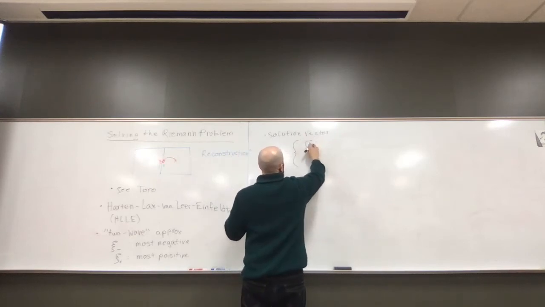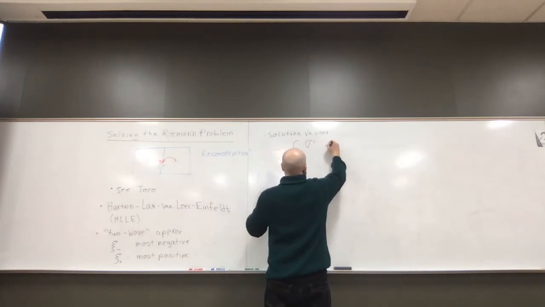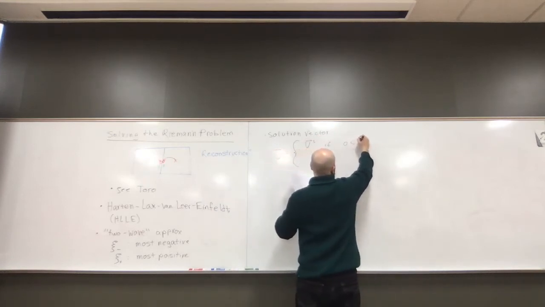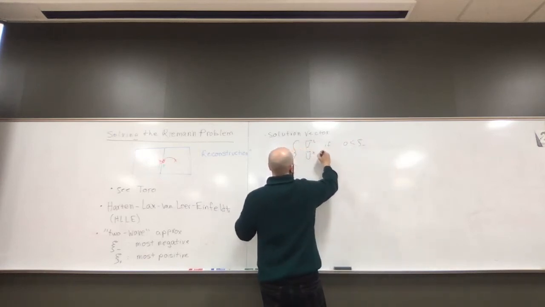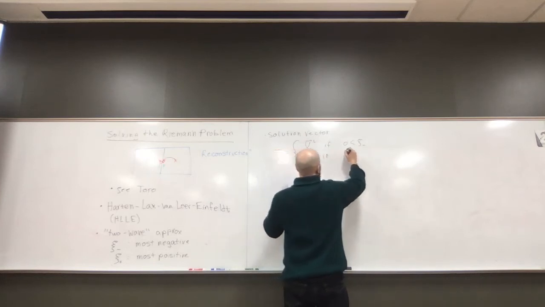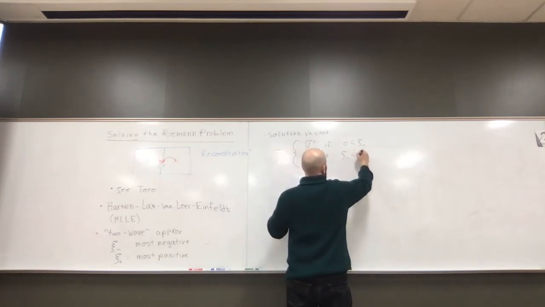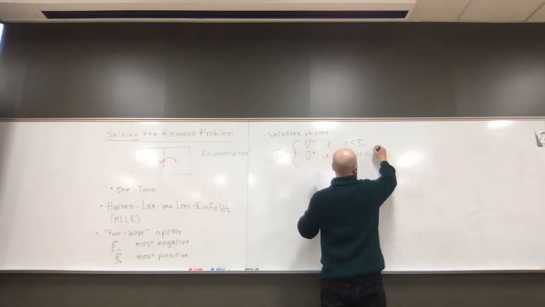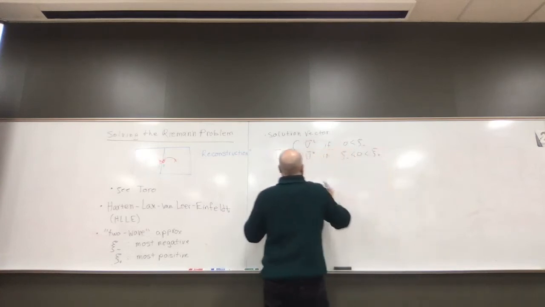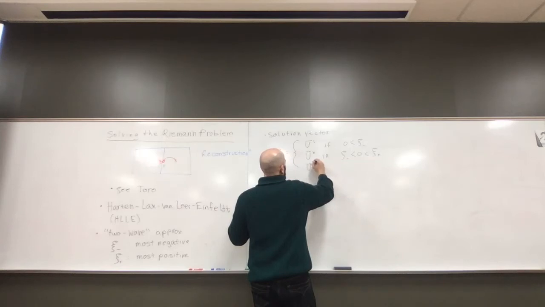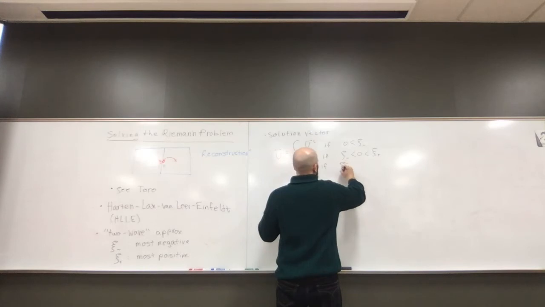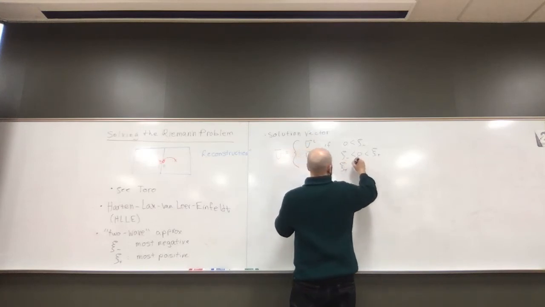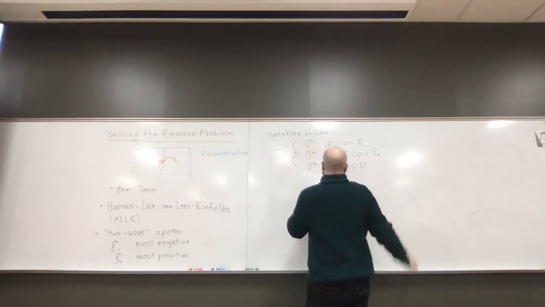U_L, for the left state, if 0 is less than xc minus; U star if xc minus is less than 0 is less than xc plus; and then finally, U_R if xc plus is less than 0.